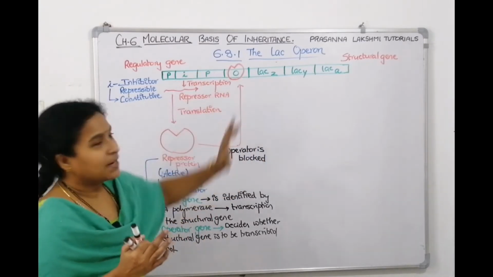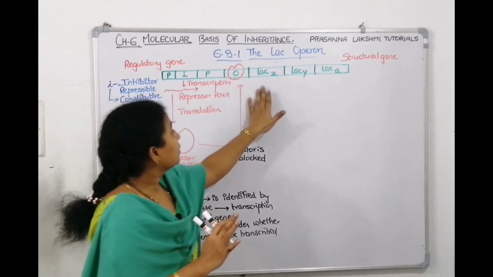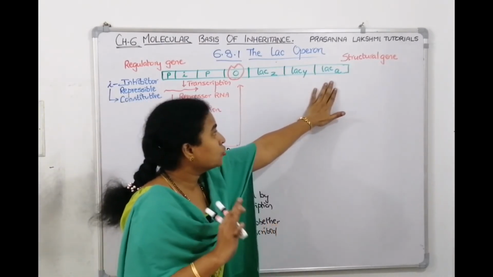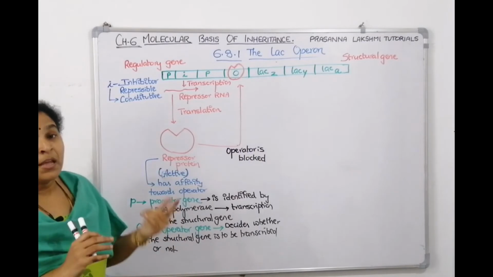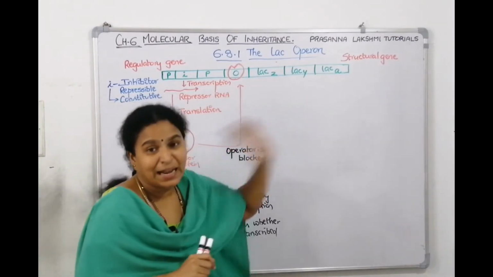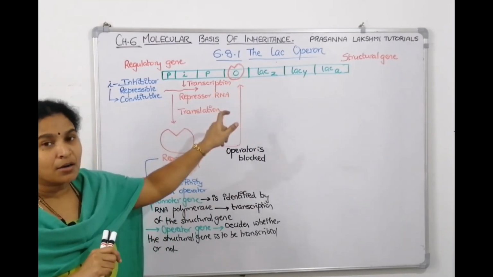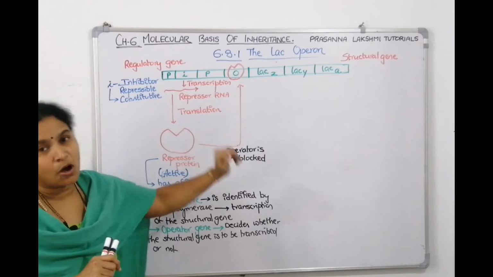The role of the operator is to decide whether the structural gene transcription should be done or not. If the operator is free, transcription will be done. If the operator is blocked, transcription is not done.